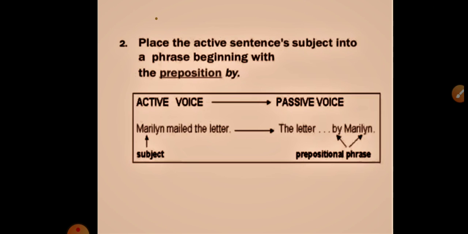Here we are going to use by. So this is our second rule: place the active sentence subject into a phrase beginning with the preposition by. So here, by Marilyn. This is the prepositional phrase.